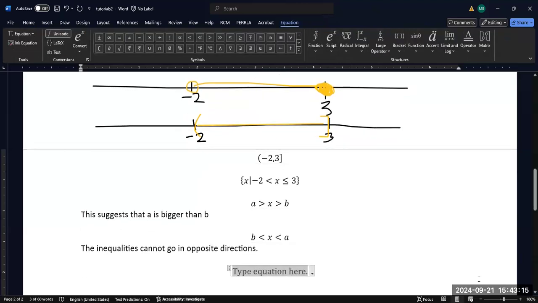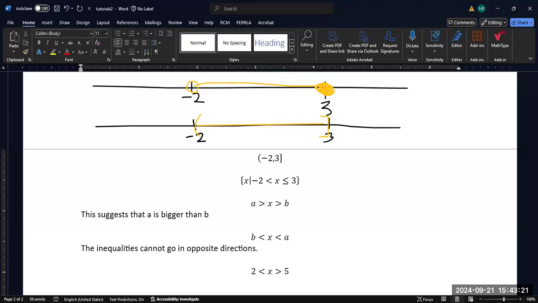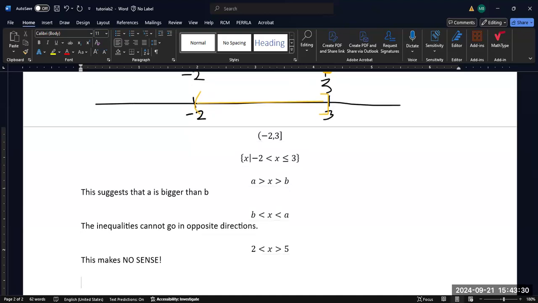So if you have something like 2 less than x greater than 5, this makes absolutely no sense. Because what this is saying is that x is less than 2 and x is less than 5.